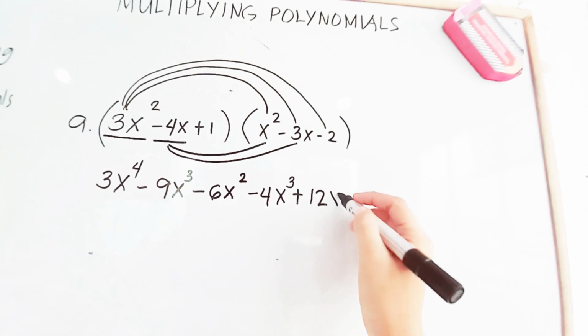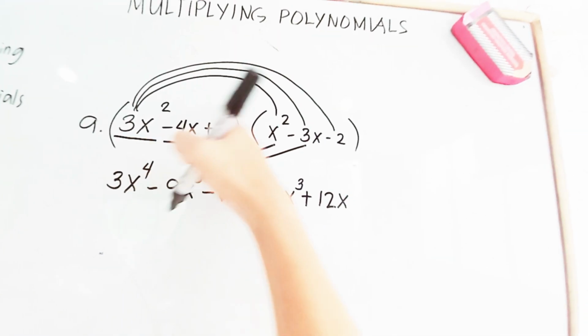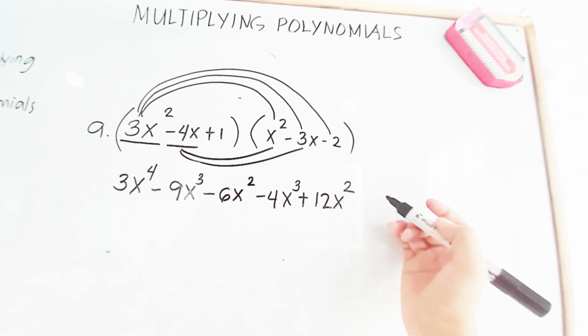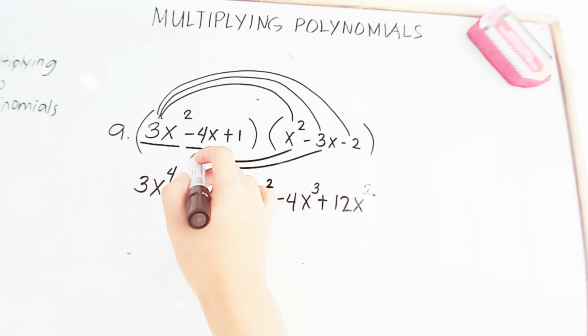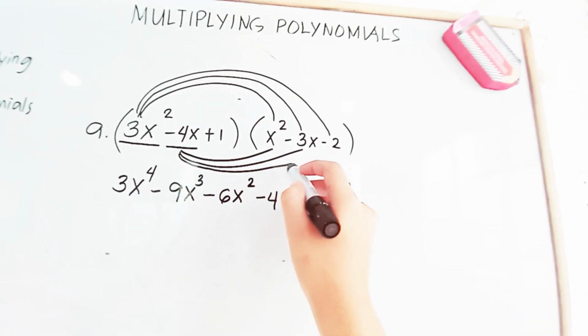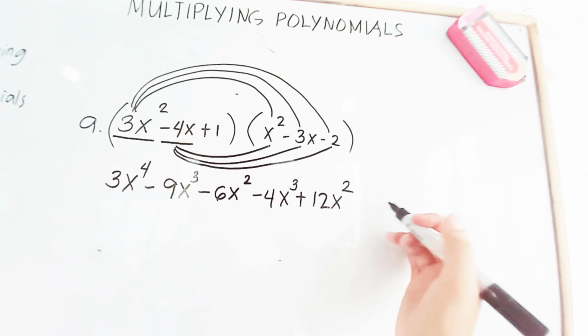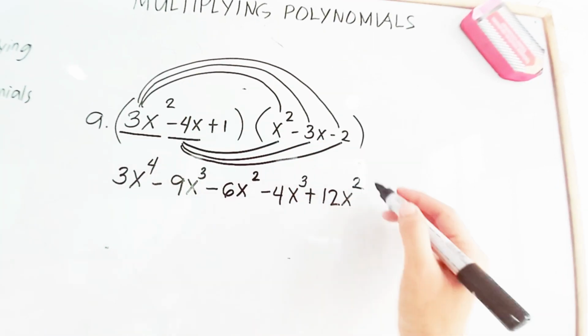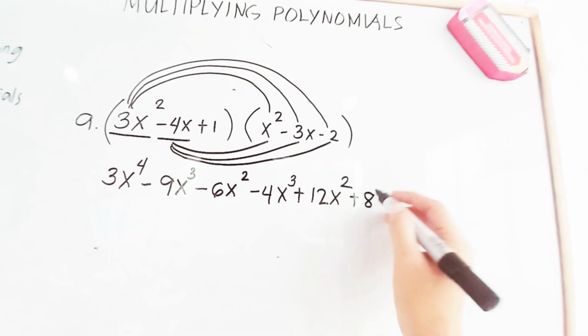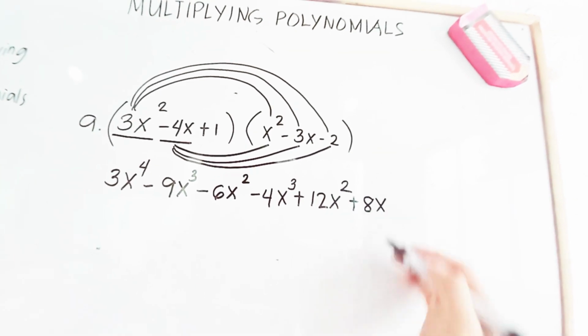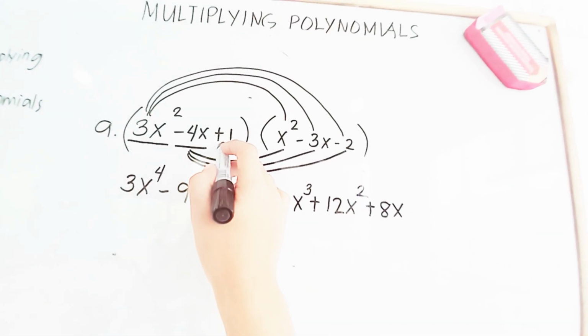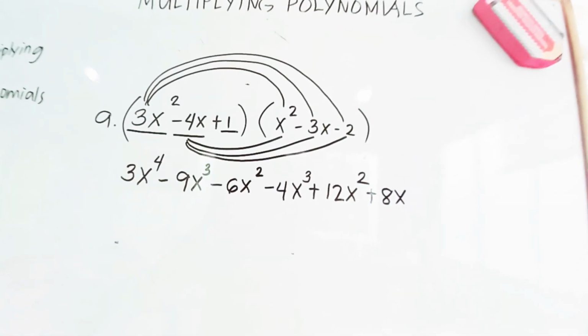Copy x, add the exponents, 1 plus 1 is 2. And then continue, negative 4x times negative 2. Negative 2 times negative 4, positive 8. Copy x. Okay, proceed to the last term, which is 1.